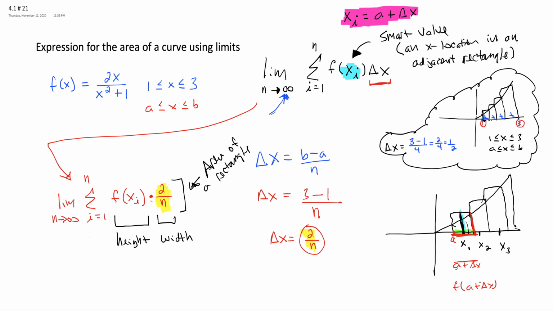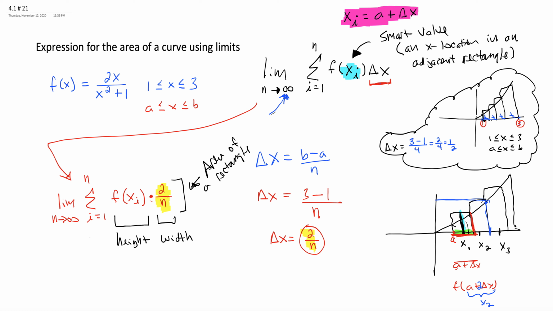And likewise, f of A plus 2 delta x would be this height right here, which would correspond to over here. And this would be your x2.